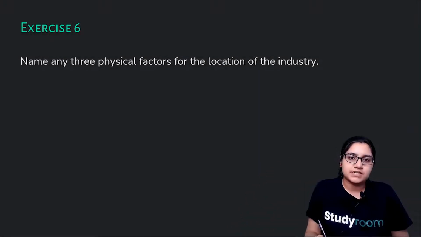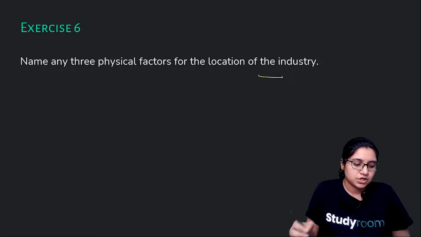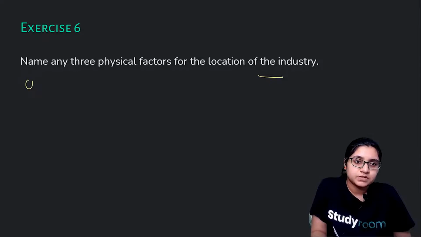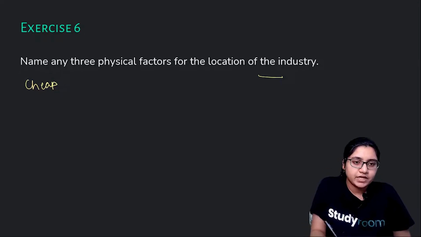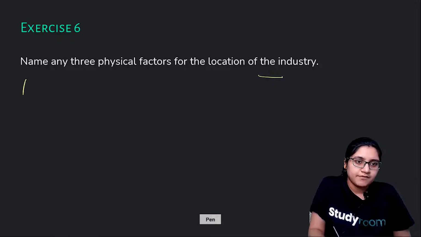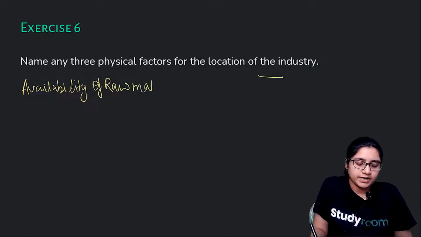So name any three physical factors very essential for the location of an industry. Physical factors would be availability of power supply, alright, availability of raw materials, alright.